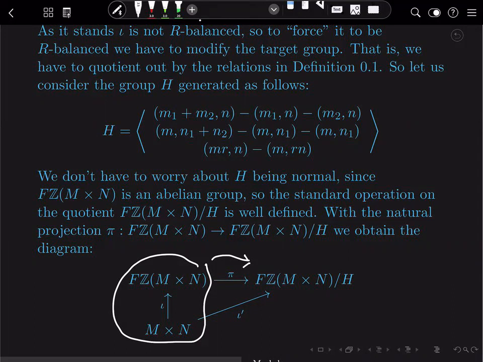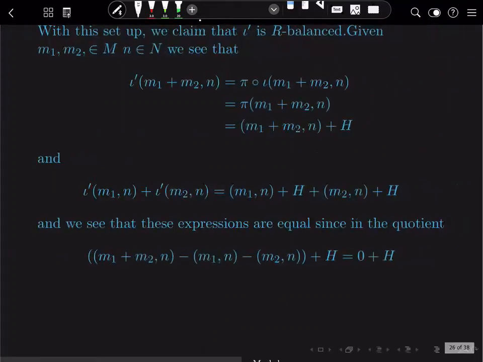Then through composition, this is going to be pi composed with iota, which turns into a map from M cross N into this quotient. Now, with this setup, we claim that iota prime is an R-balanced map, and we can just do a simple check.